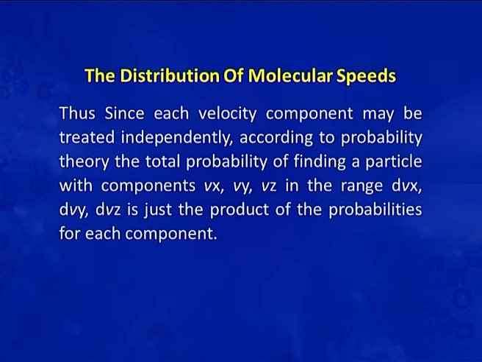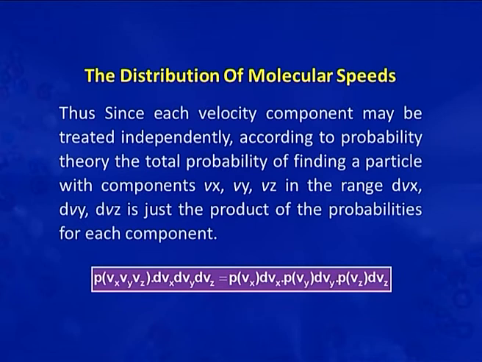Since each velocity component may be treated independently, according to probability theory, the total probability of finding a particle with components Vx, Vy, Vz in the range dVx, dVy, dVz is just the product of the probabilities for each component. So, that is P(Vx, Vy, Vz) dVx dVy dVz equals P(Vx) dVx into P(Vy) dVy into P(Vz) dVz.